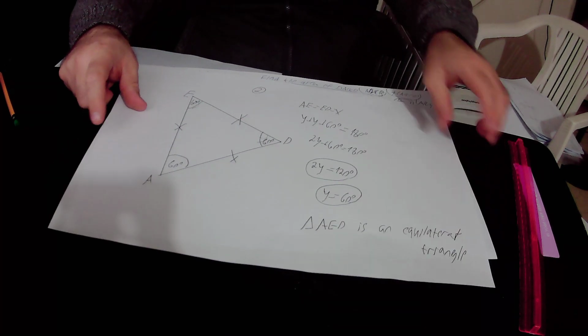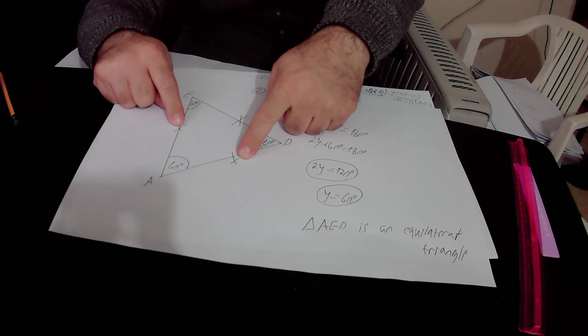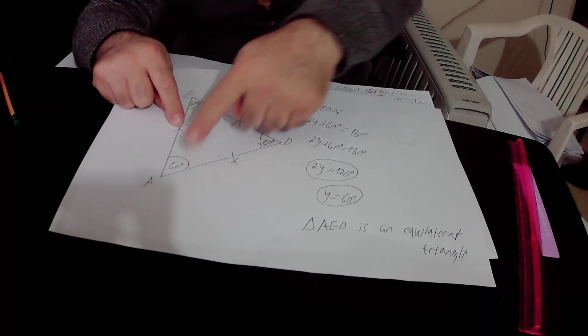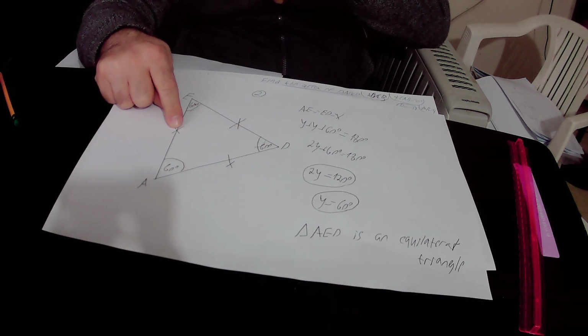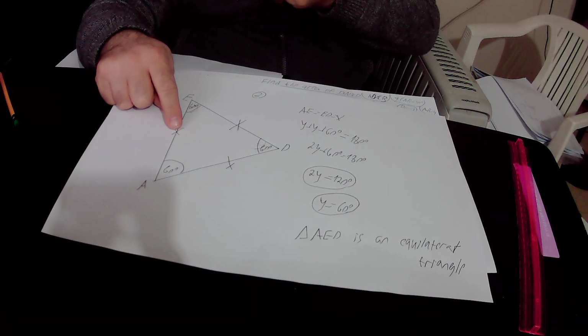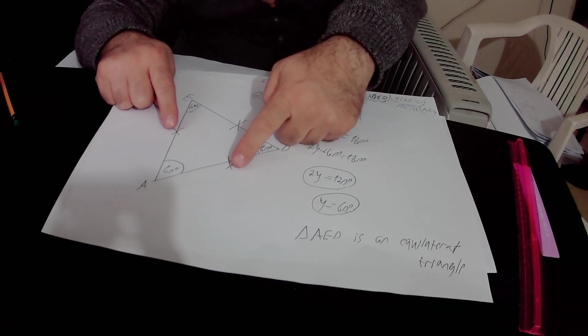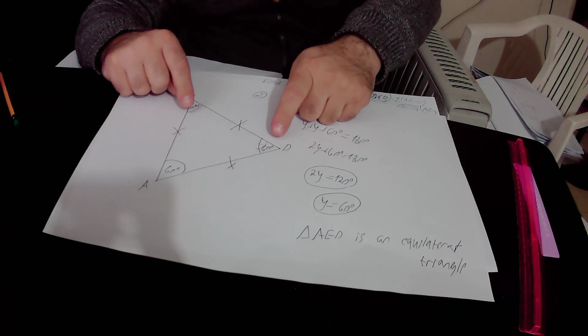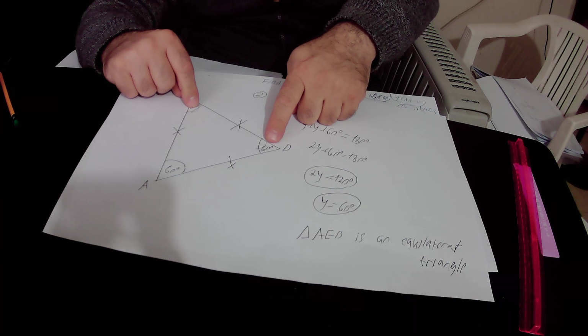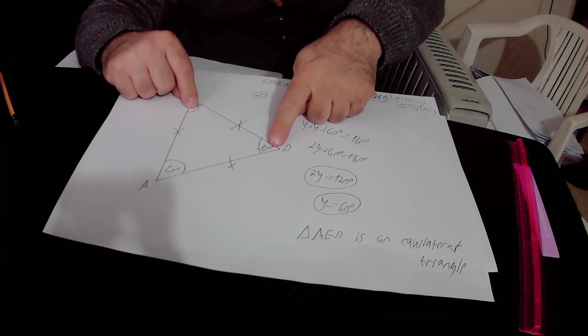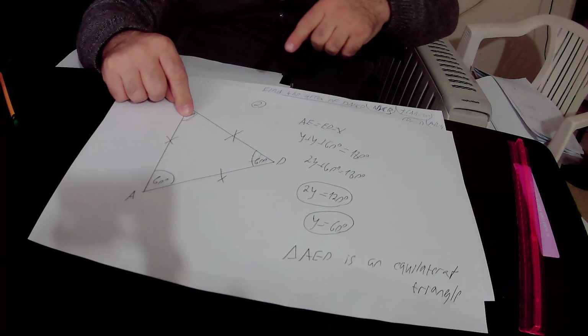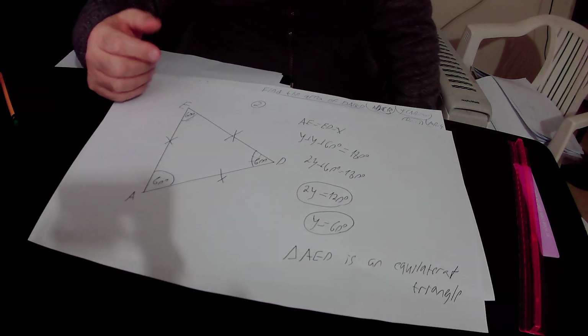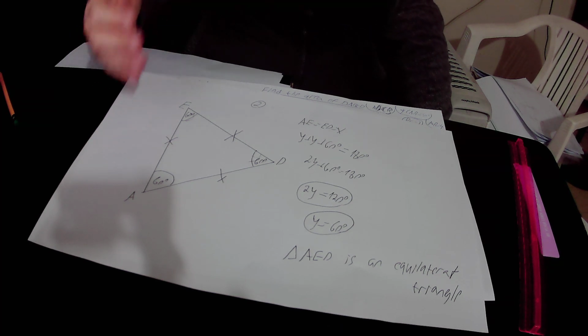This is triangle AED. You know that those two angles are equal to each other, and this angle equals 60 degrees. So we have the rule that opposite equal sides in a triangle there are equal angles. So those two angles located opposite equal sides must be equal to each other. If this angle is y, this angle must also equal y. And we know that the sum of the angles in any triangle is 180 degrees.